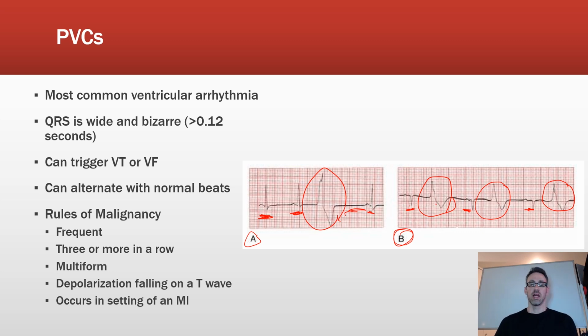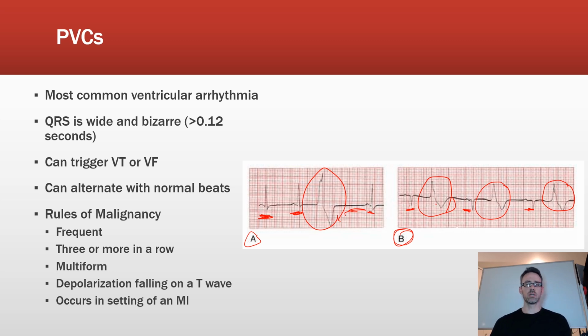But if every PVC looked different, that suggests this is coming from multiple different sites, not the same site. If it all looks the same, it's probably the same site. Multiple sites means there's probably multiple tissues that are damaged, or multiple ventricular myocardial areas that are ischemic or injured. And so multiform is not a good sign.